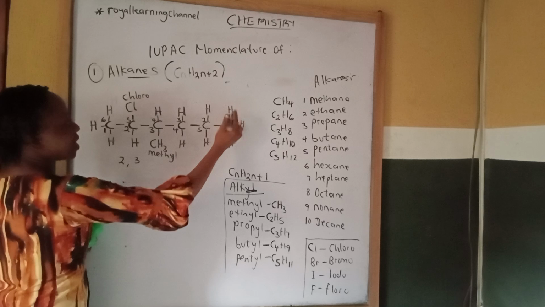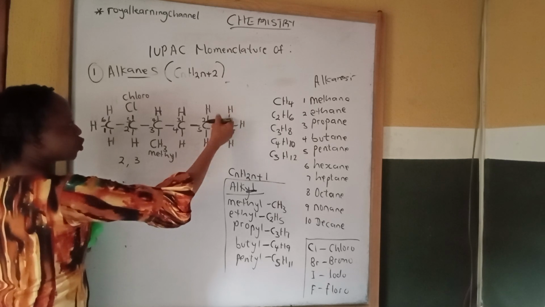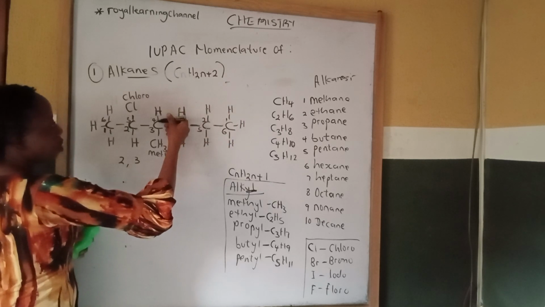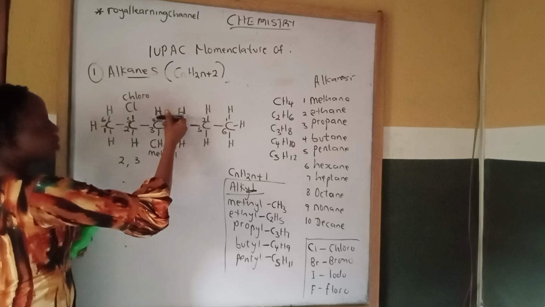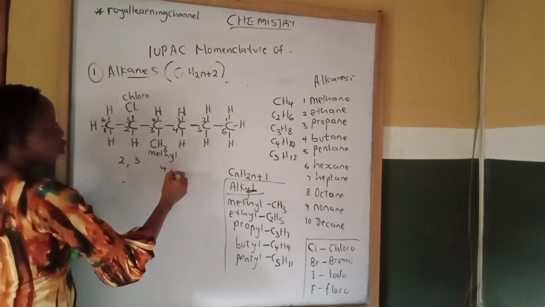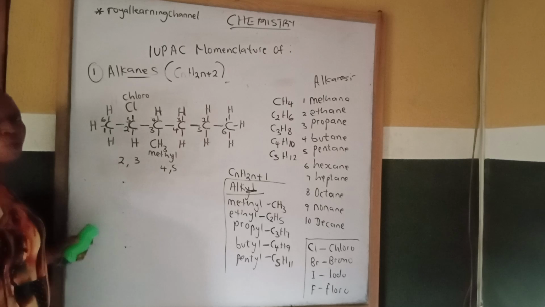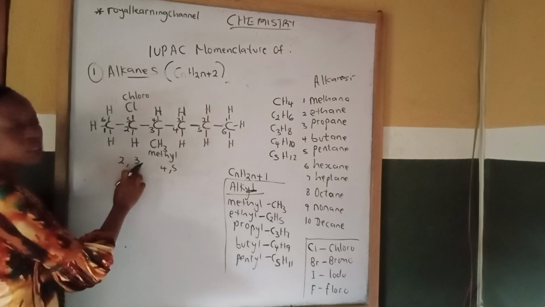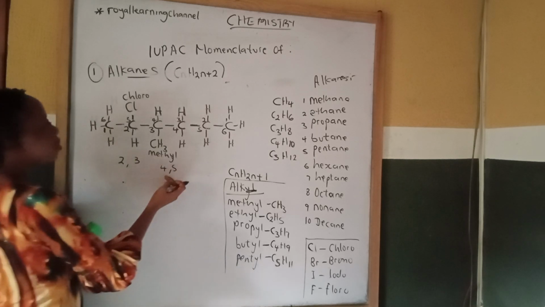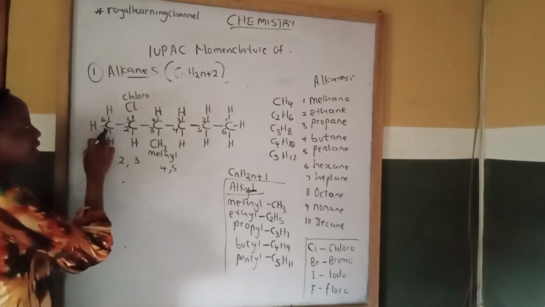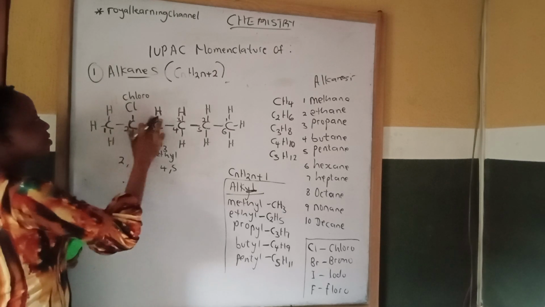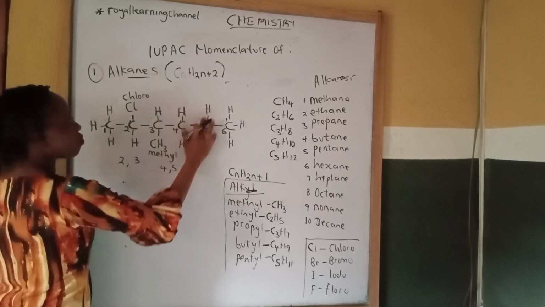From the right hand side, 1, 2, 3, 4, the first substituent is 4, 5. Then we pick the lowest. The lowest is 2, 3. So we name from the left hand side.